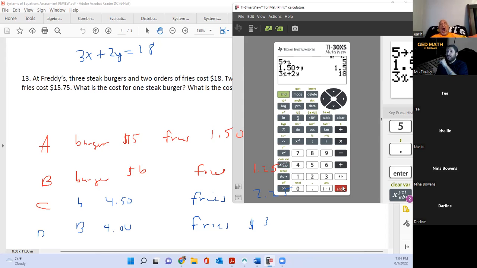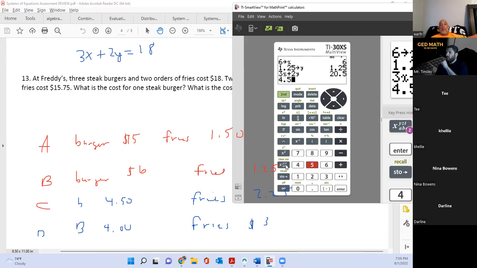Let's try for the second option. $6 is x, $1.25 is y. And let's plug it into the first equation. 20.5. We know that's incorrect because it needs to be equal to 18.